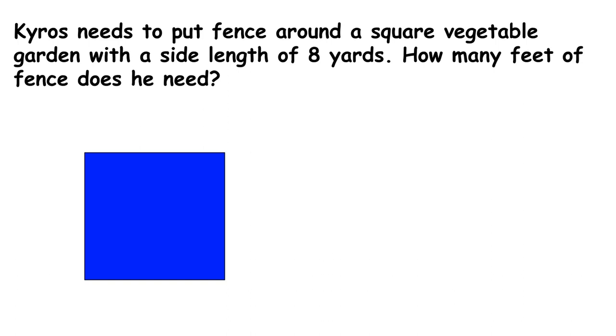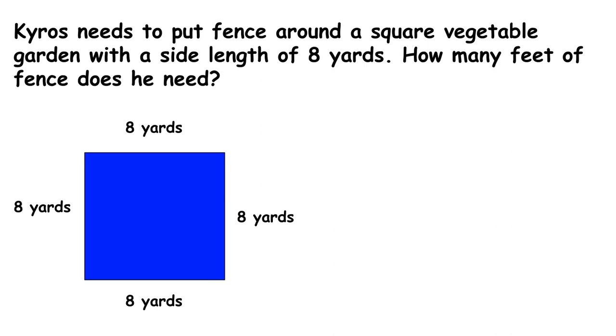So the problem tells me that one side of my square vegetable garden is 8 yards. Well, we already know that a square has 4 equal sides, so I can label my drawing to show that each side is 8 yards long.